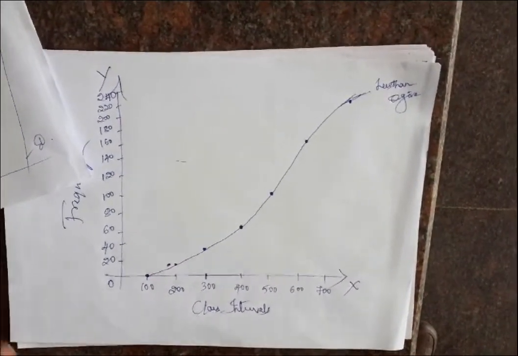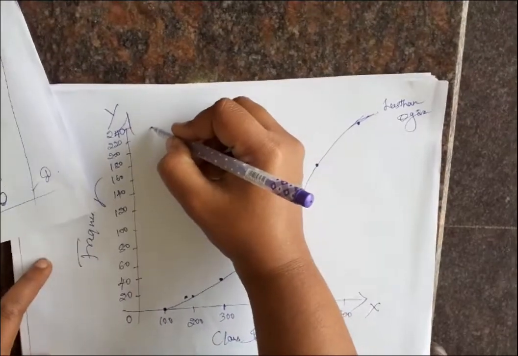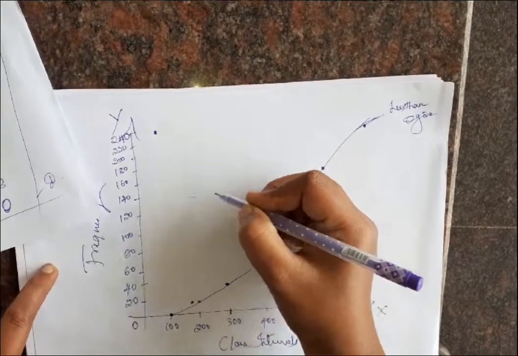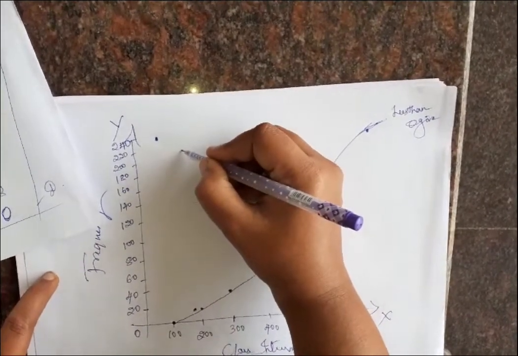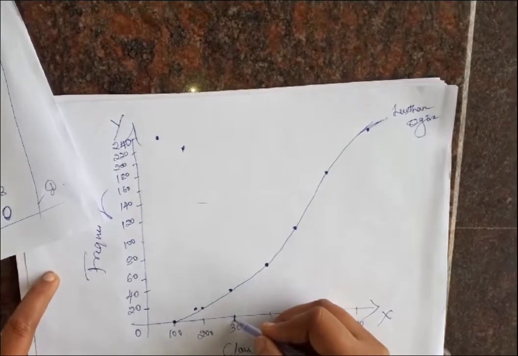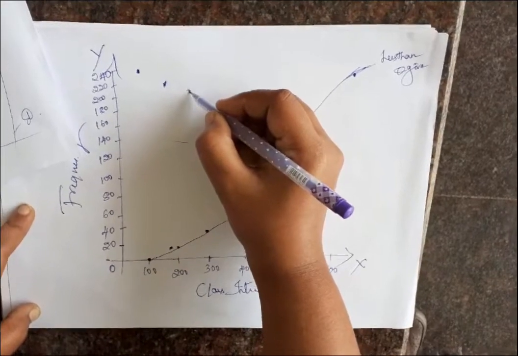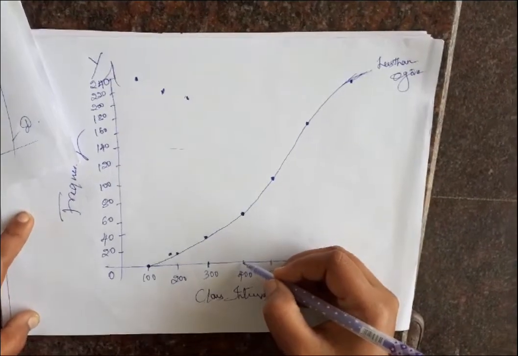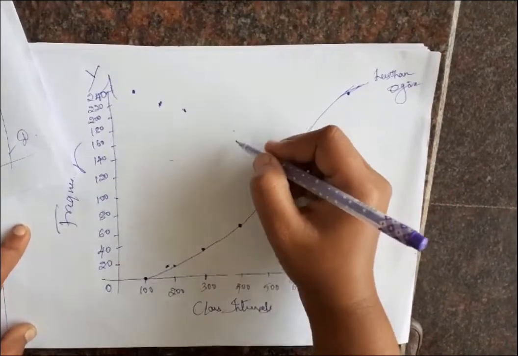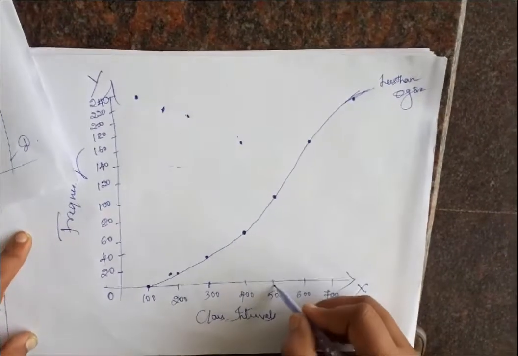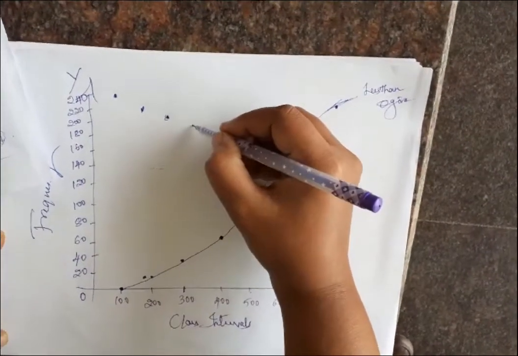The more than ogive starts from the highest number, that is 240. So for 100 we have 240, mark it here. Then for the next we have 228, which will come somewhere here. Then for 300 it is 210. Then for 400 we have 180 here.